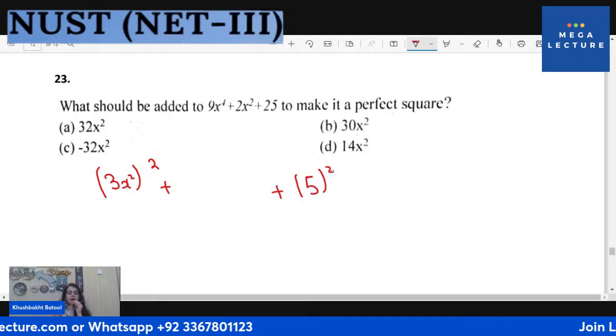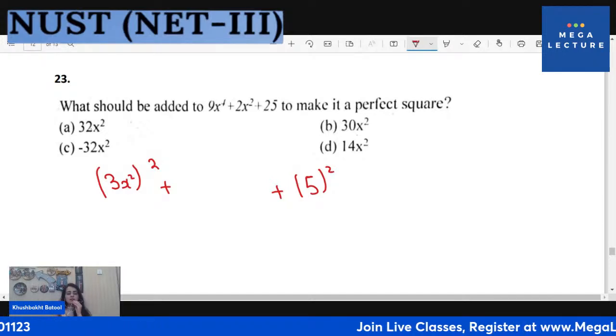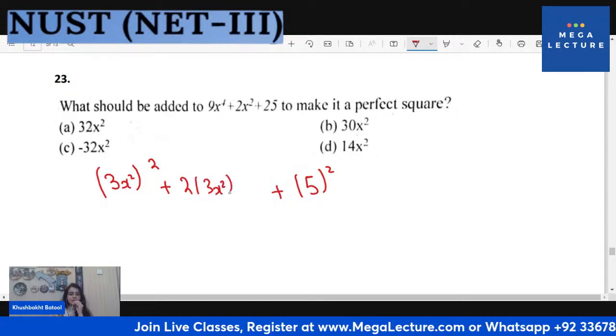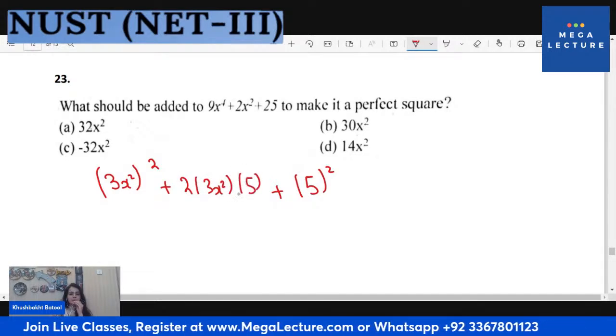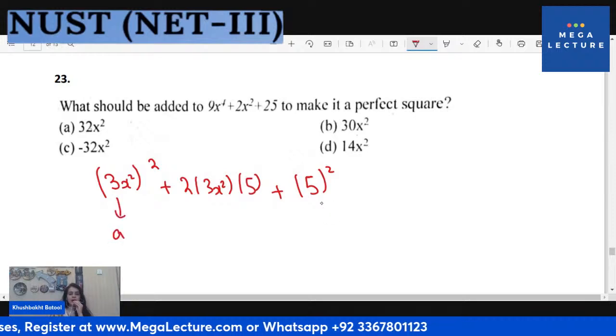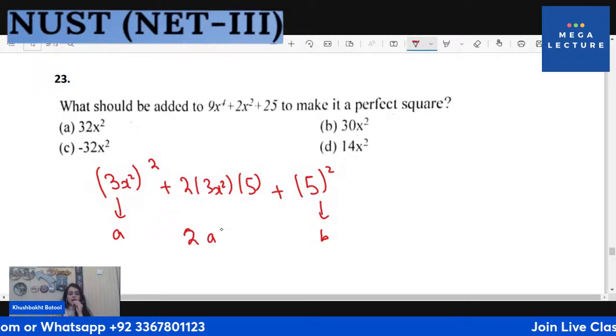Okay, now how do we write down perfect squares? It's a squared plus 2ab plus b squared, so it would be 2ab. This is my a and this is my b, and it is 2ab.